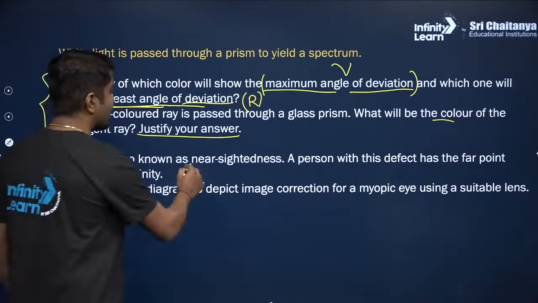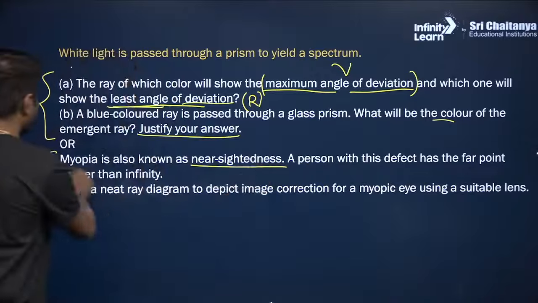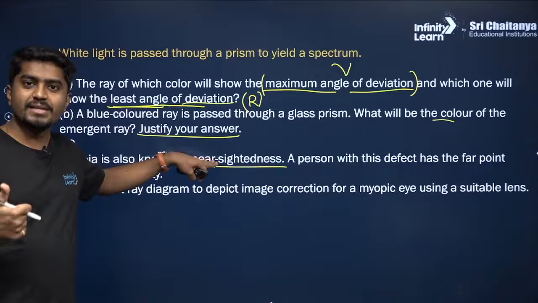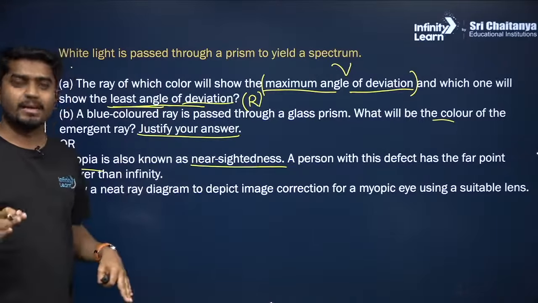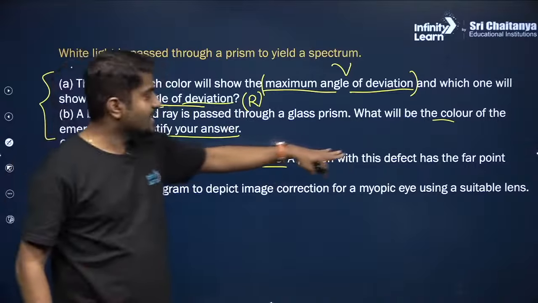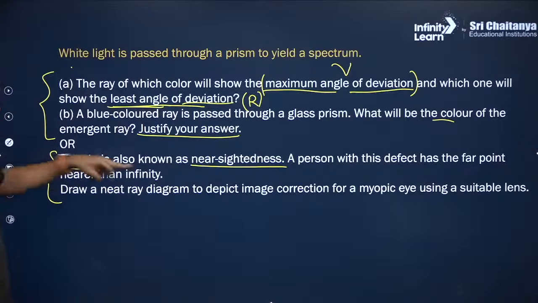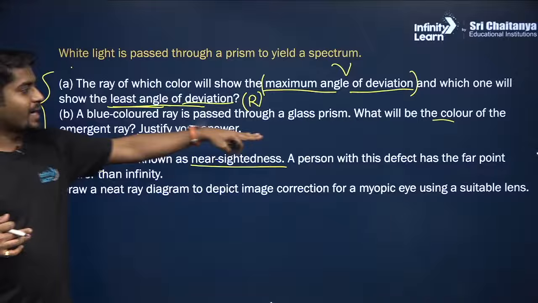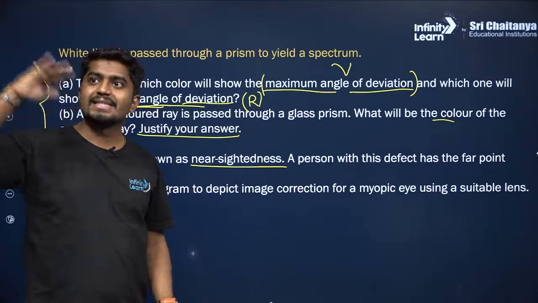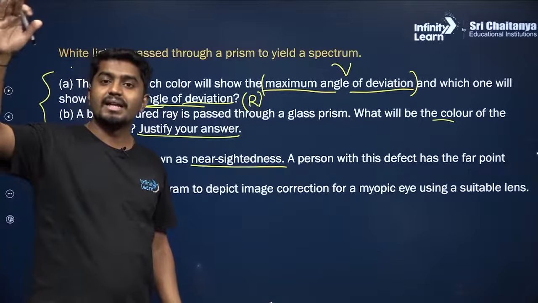Myopia is known as near-sightedness. So near-sightedness क्या होता है? Near objects visible, far objects not visible. That is the meaning of near-sightedness. A person with this defect has a far point nearer than infinity. तो जो far point होता है, for normal people, far point is infinity. They can see any object until infinity.